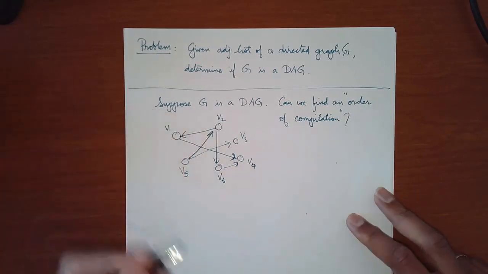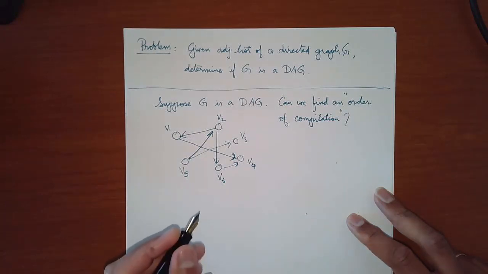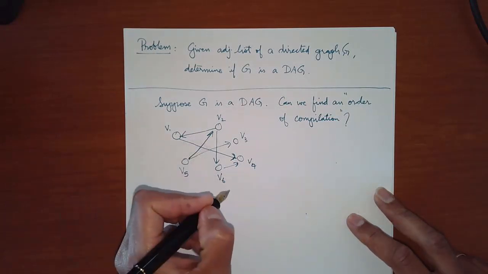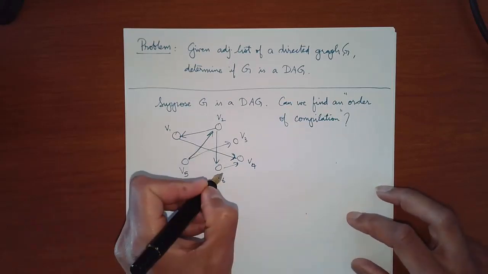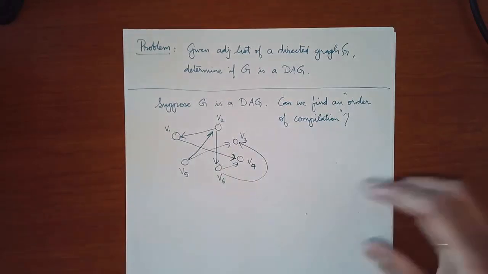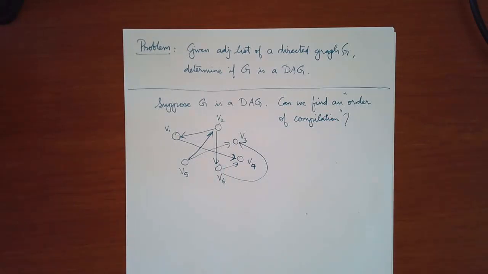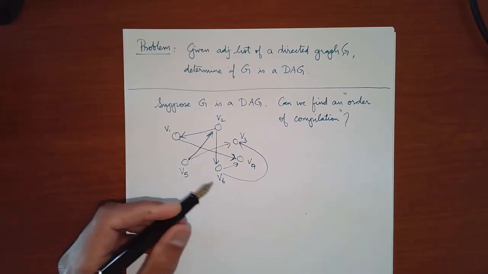Is this a DAG? No, it has loops. What's the loop? Well, I guess you can go from V... Oh.